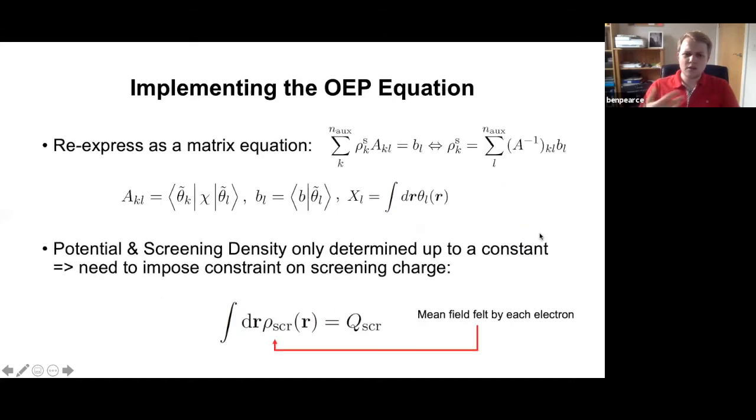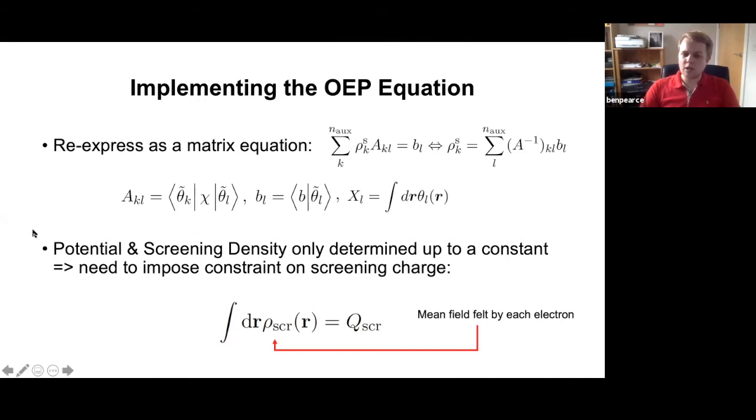So this allows us to then re-express the OEP equation as a matrix equation and search for solutions to the coefficients rho_ks. It's important to note that we're not searching for the coefficients of the potential. When we're solving this matrix equation, we're trying to actually construct the screening density, from which we can then reconstruct the actual exchange correlation or effective potential.